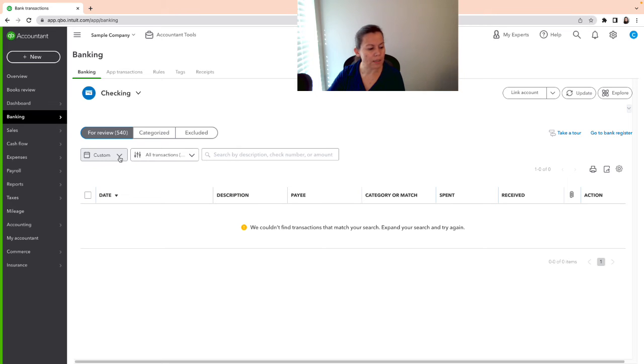Instead of recording it as a sale, you want to record it as a transfer into the Square bank, because Square bank is a clearance account, and at the end of the day it's going to zero out, right? So you're gonna record everything as a transfer, and then you're gonna do a journal entry to zero out that account at the end of the month.